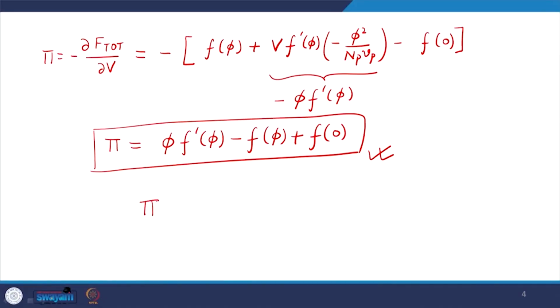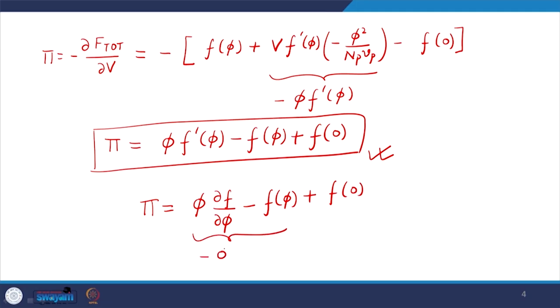If you think of doing the opposite of what we are doing, I can write pi as phi dou f by dou phi minus f of phi plus f0, and these two terms I can write as minus phi square dou by dou phi of f by phi.